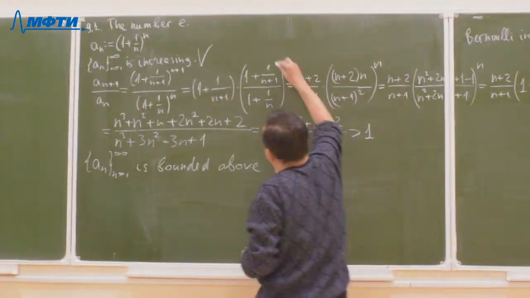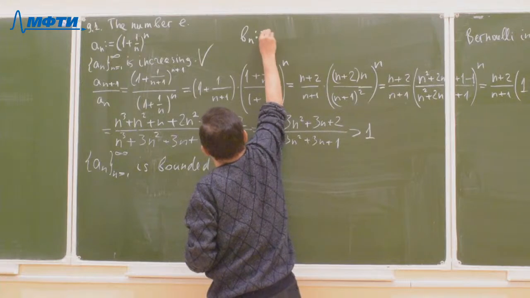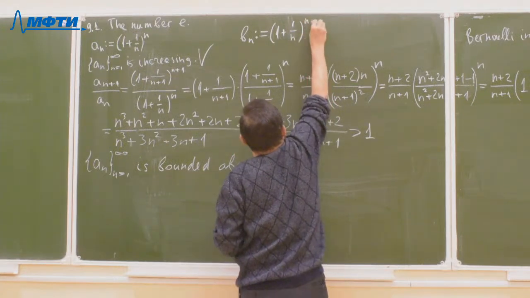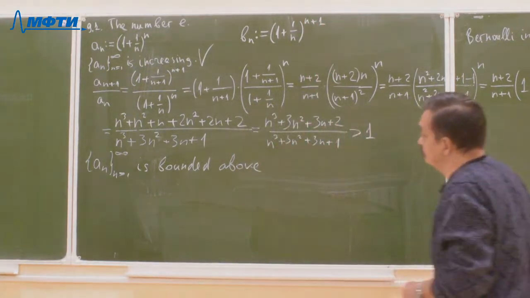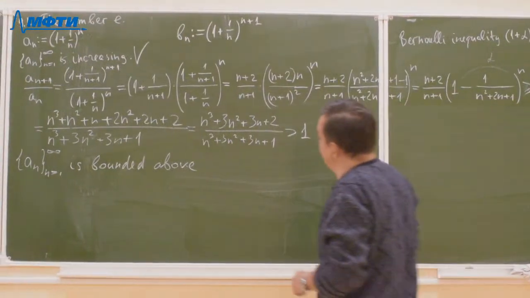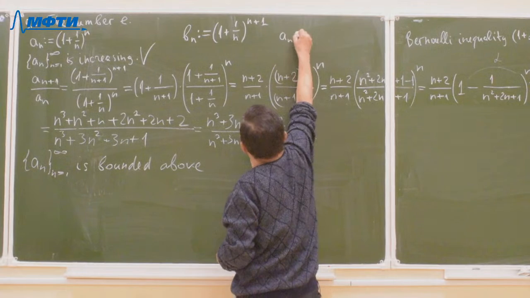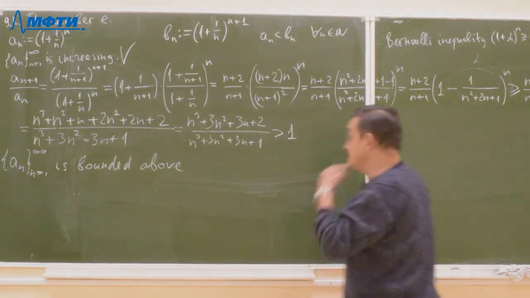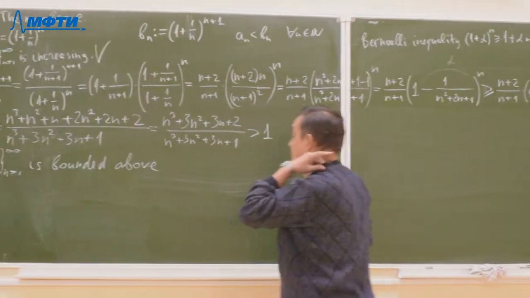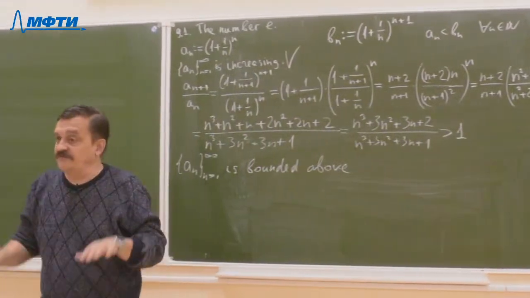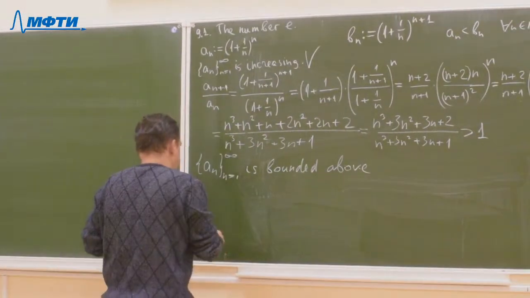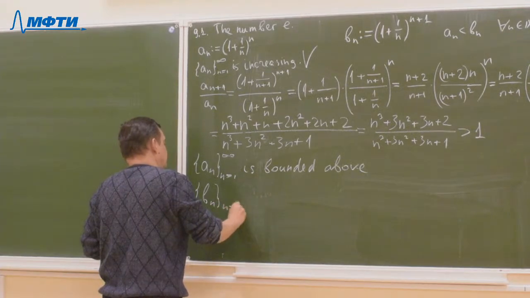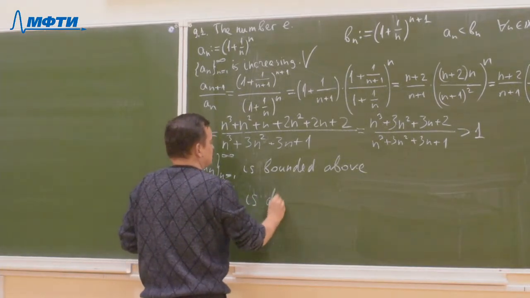So let us consider another sequence, b_n equals (1 plus 1 over n) power n plus 1. So, obviously, a_n is less than b_n for all natural n, right? Hence, our claim that a_n is bounded above shall follow immediately if we prove another claim, that b_n is decreasing.